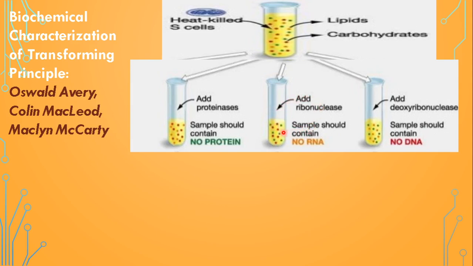Nucleic acids are of two types, as we all know, RNA and DNA. So the second sample contains protein as well as DNA, but no RNA. To the third sample, deoxyribonucleases were added. This sample will contain protein and RNA, but no DNA, because deoxyribonucleases dissolve all the DNA that was present. In this manner, three samples were taken.